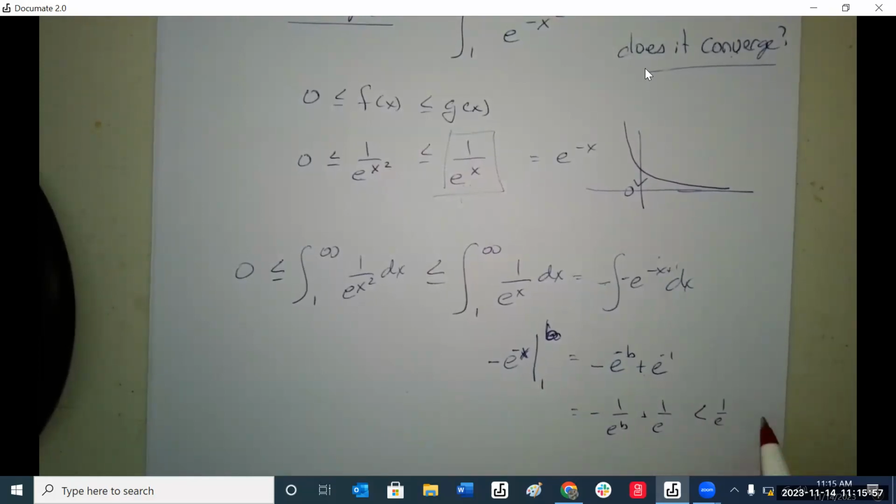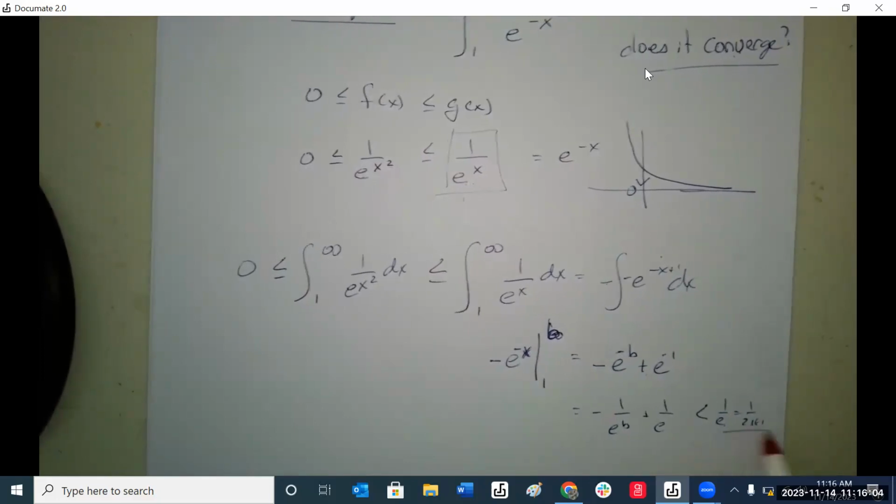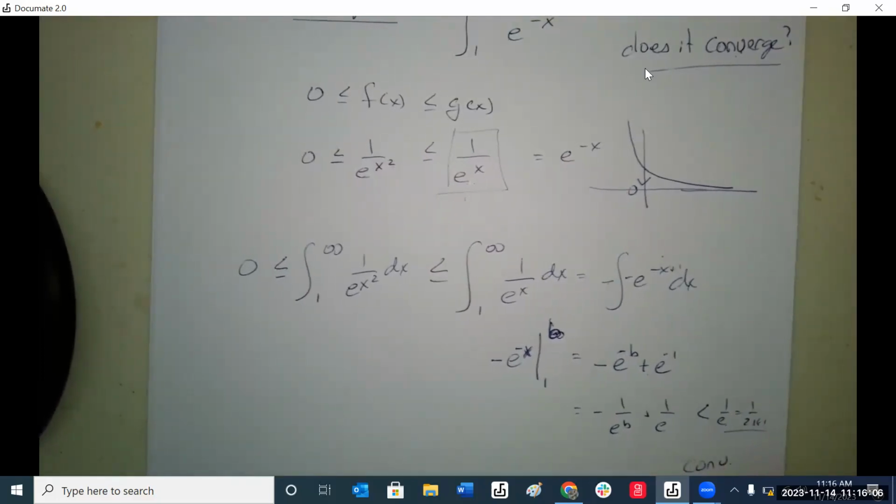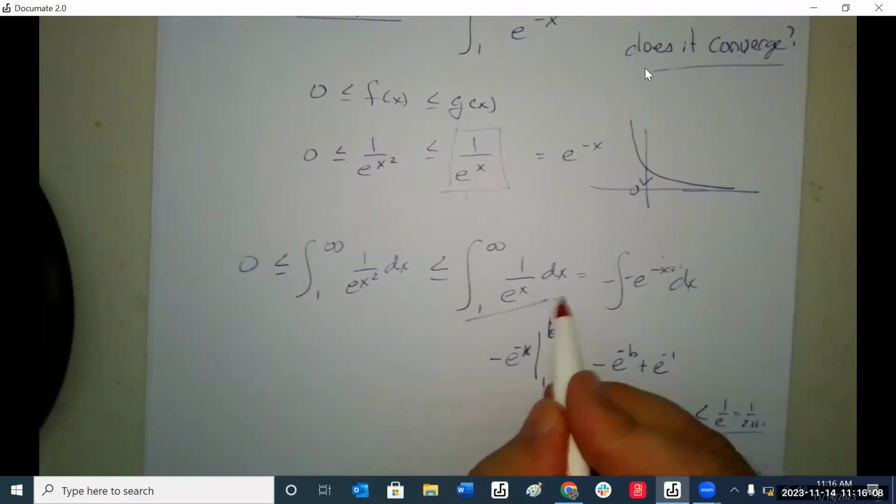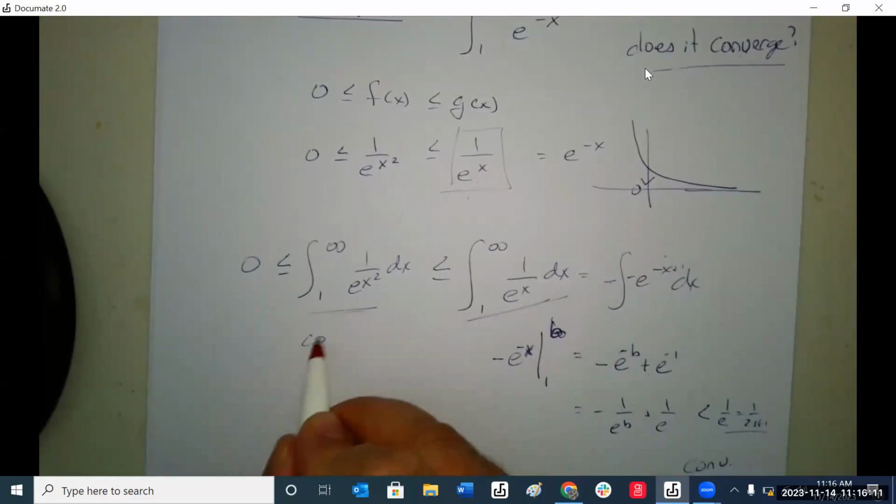That's less than 1 over e, which is 1 over 2.718. So it's a finite number, so it converges. Since this one converges, this one converges.